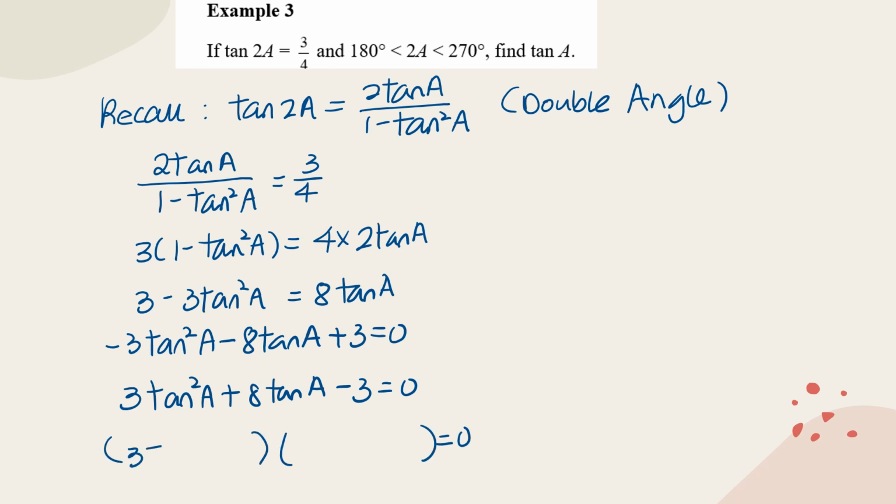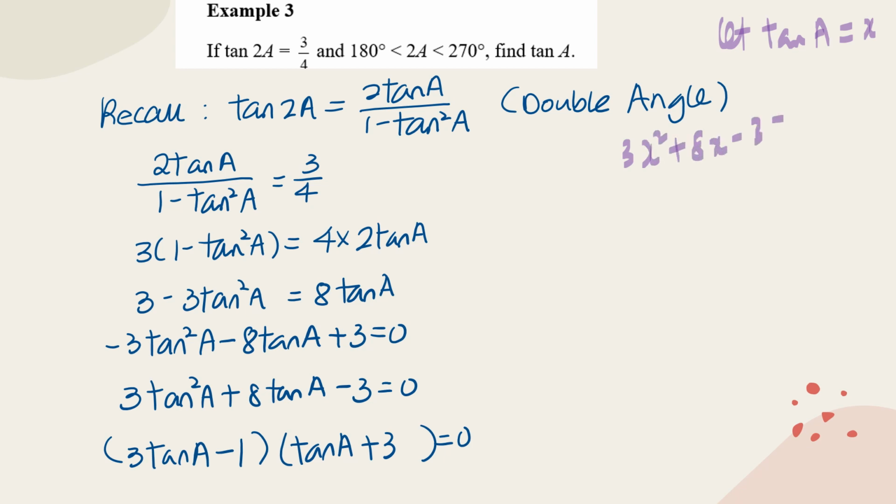Okay, and you factorize it. If you are not too comfortable in factorizing quadratic equations involving trigo, you can always use substitution, as in, you can let tangent A equal to the letter x. So your quadratic equation with trigo function will end up to be 3x squared plus 8x minus 3 equals to 0.